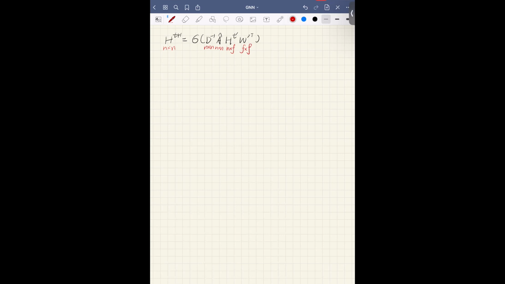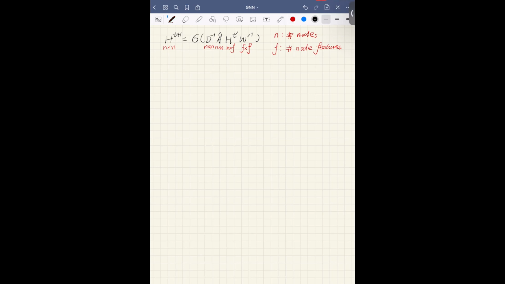Here n denotes the number of nodes, and f denotes the number of node features. Okay.